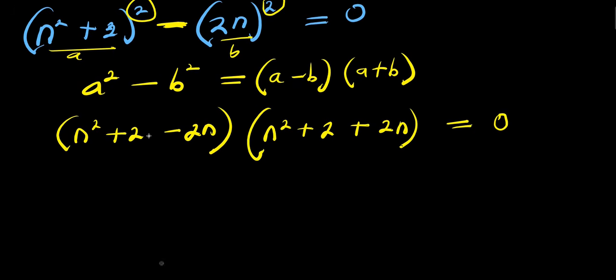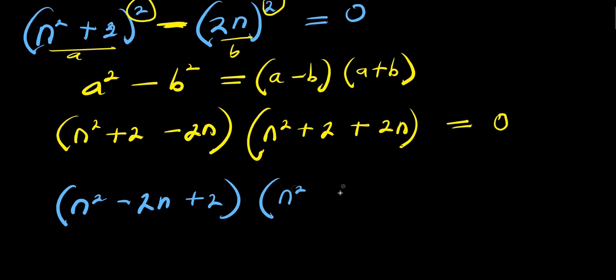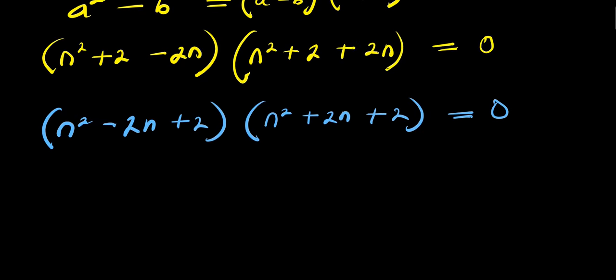So the next step will be for us to just rearrange this. So you have n squared minus 2n plus 2 times n squared plus 2n plus 2, and this equals 0. So at this particular point, we can equate each of these to 0.